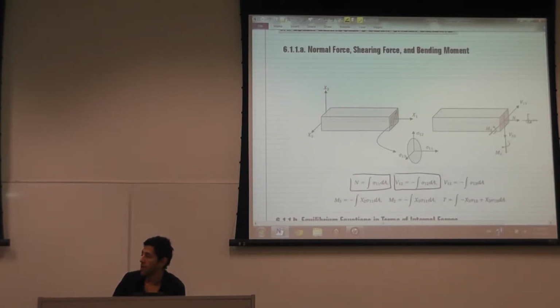The reason we're saying negative here is just because of the sign conventions. In beams, this is the positive V12. In stresses, this is the positive sigma 12.